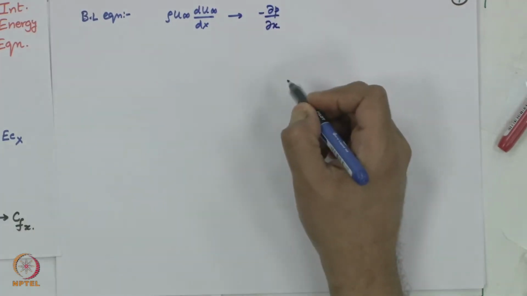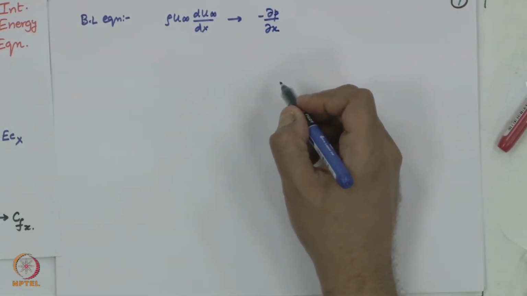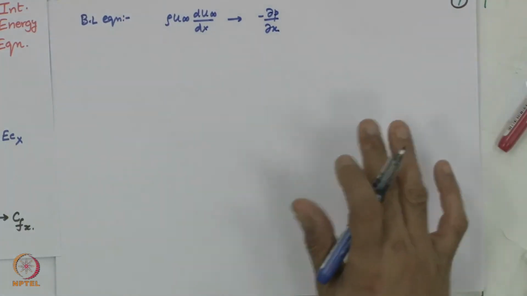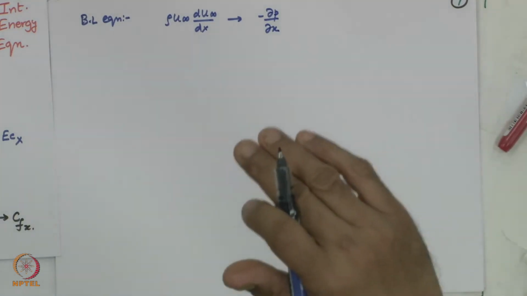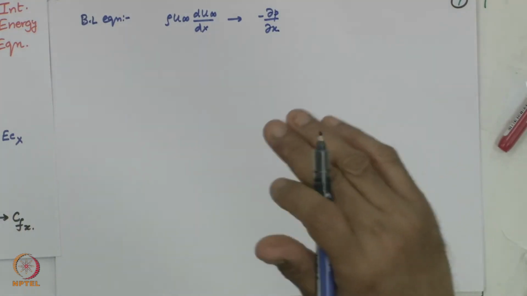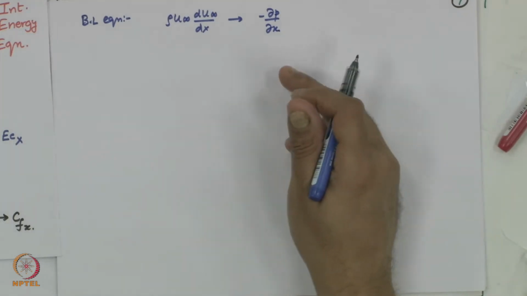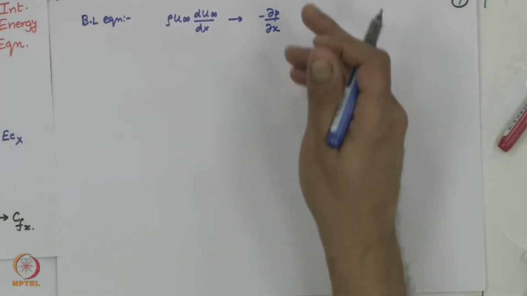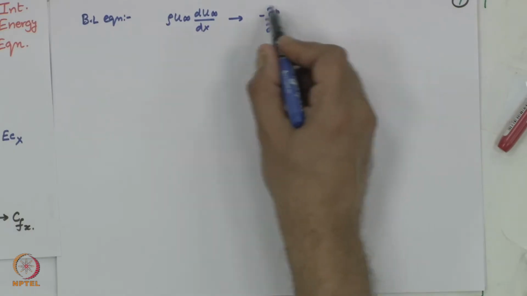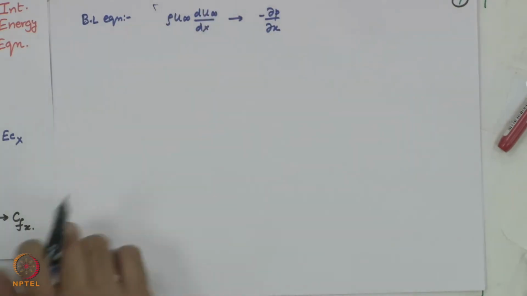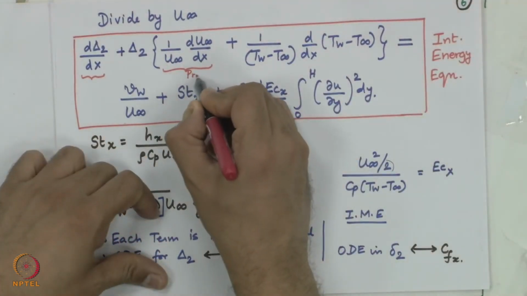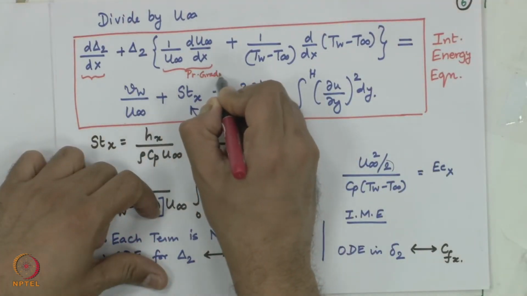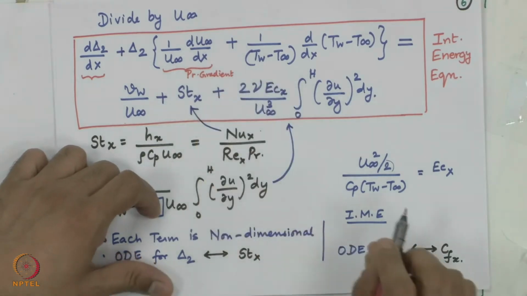If we look at the momentum equation in the free stream, you will get that dp by dy is identically equal to 0, and that is why dp by dx would translate to this u infinity du infinity by dx. So, this term represents the pressure gradient, dp by dx term. It appears as a gradient of the velocity.